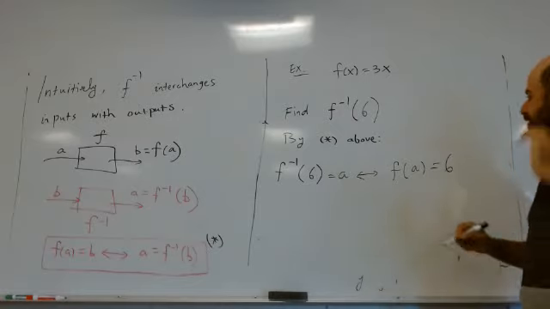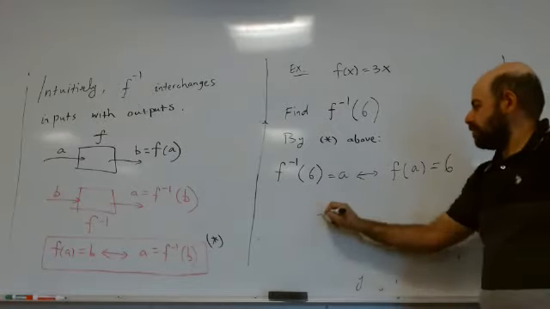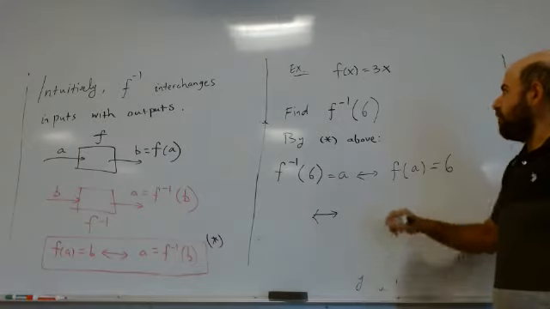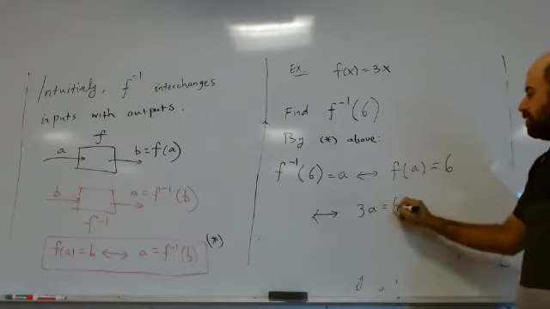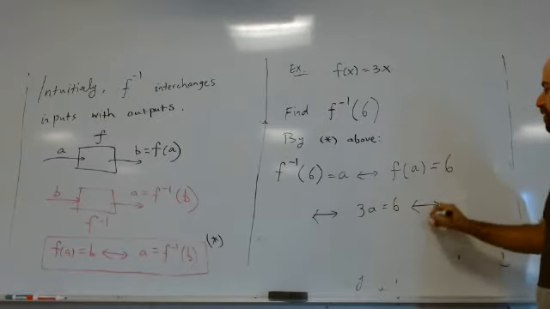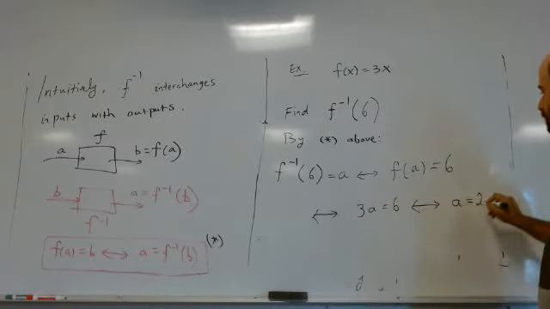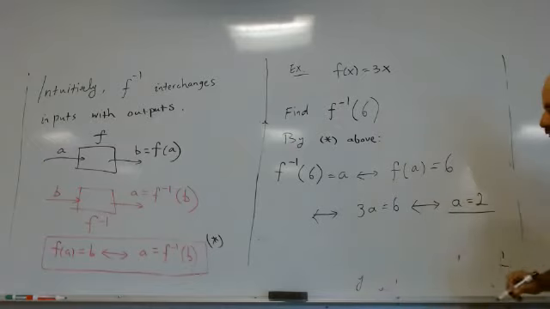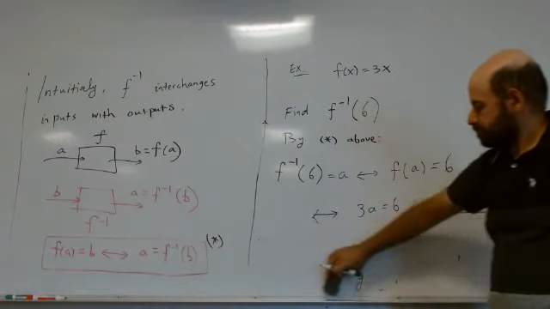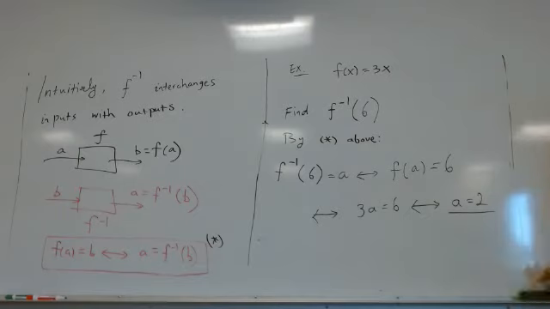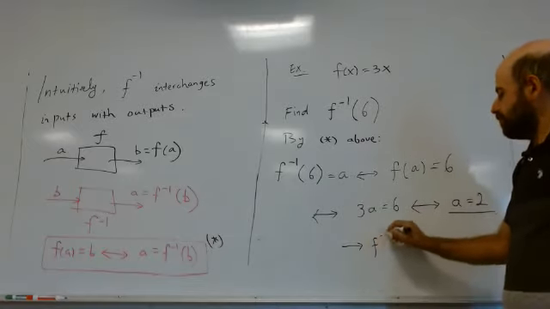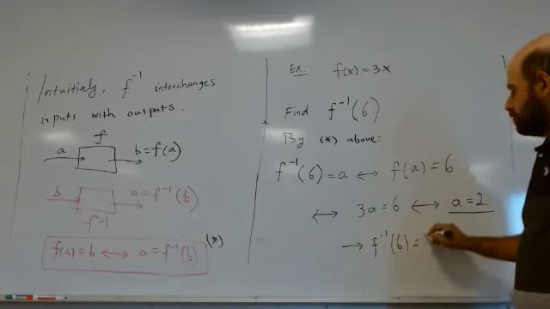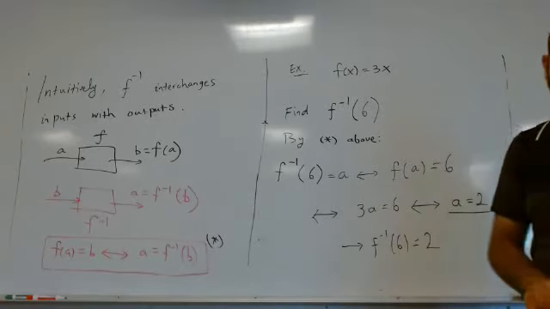And f of A is 3A, since f of x is 3x. So 3A equals 6, and this means A is equal to 2. So f inverse of 6 is equal to 2. Well, this is not surprising, right?